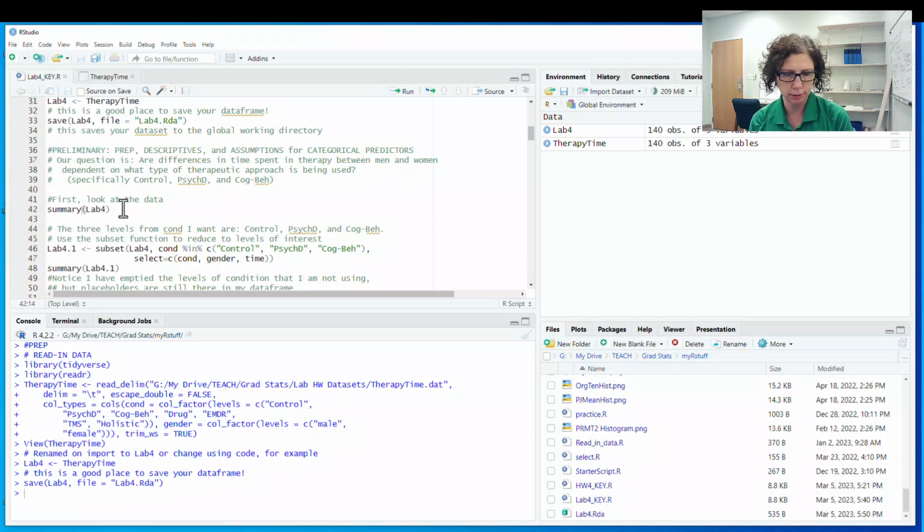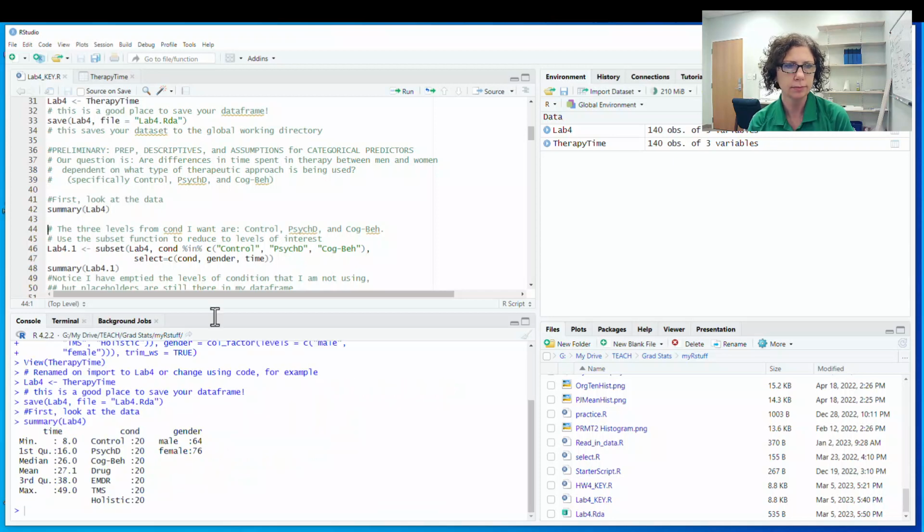So first I'm going to look at the data. I have time in therapy, the average of 27.1 weeks. Conditions, so different therapeutic types, are control, psychodynamic, cog behavioral, drug therapy, EMDR, transmagnetic, and holistic.